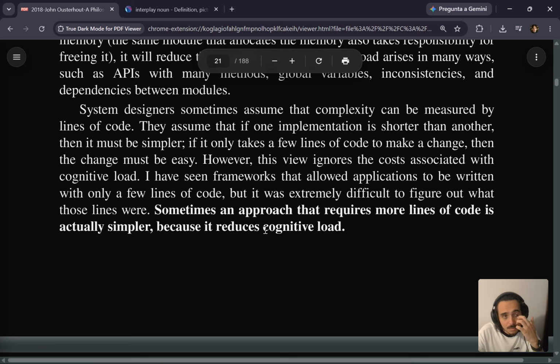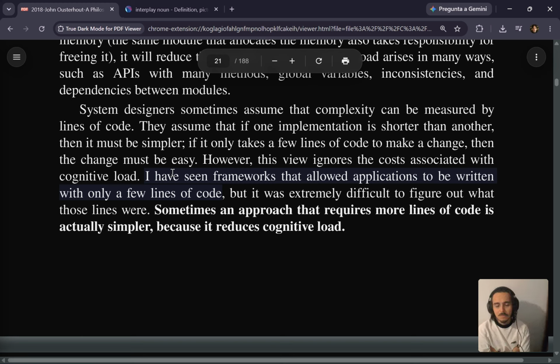I mean, there is no rule of thumb that tells you that the more lines of code you have, the more complex a system is. It could actually be the opposite. It makes sense here: I have seen frameworks that allowed applications to be written with only a few lines of code. So now this about cognitive load makes more sense, because you have a few lines of code, but let's take the example of this function in C that frees memory automatically.